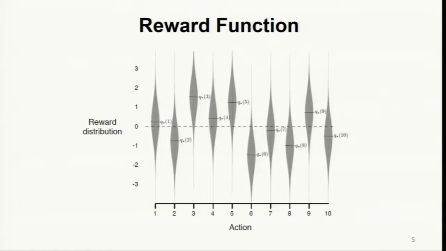For the first one, it has this distribution, with a mean and a variance. Here the variance seems to be the same, but for some of them the variance can be smaller, and for some it can be extremely big. But if you are going to choose a slot machine, which arm are you going to choose? 3, right? It gives you the highest overall average return.